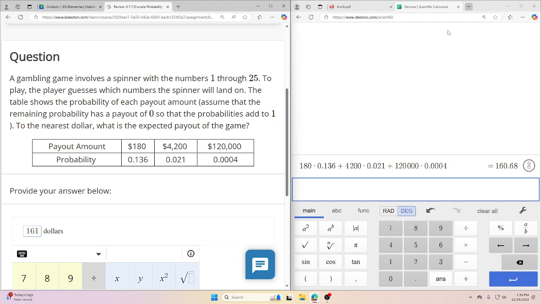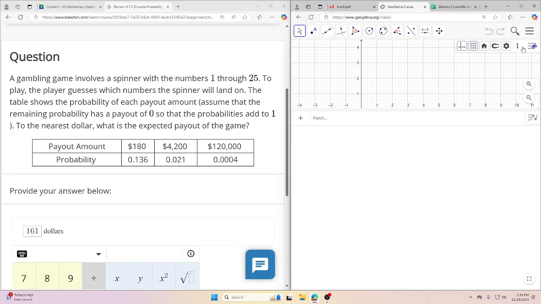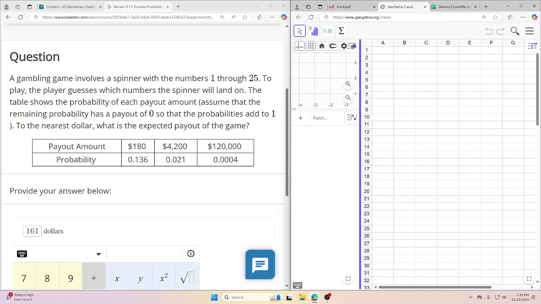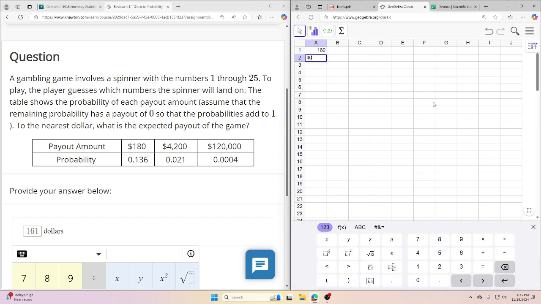Okay. Back to GeoGebra. Do we have a GeoGebra up? I thought we did already. Yes. Okay, let me toss that in here. So if I was to do that in GeoGebra, I could do the spreadsheet, and I'm going to put this stuff in. So I got the 180, the 4200, and this much.